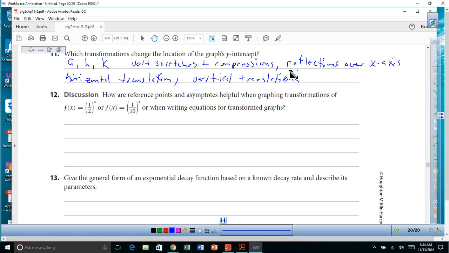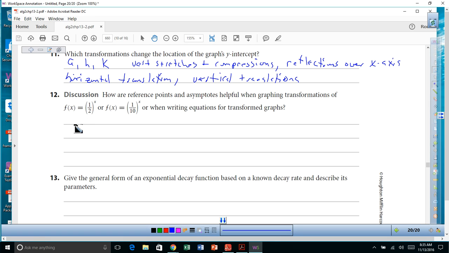How are reference points and asymptotes helpful when graphing transformations of f of x equals 1/2 to the x power, or f of x equals 1/10 to the x power, or when writing equations for transformed graphs?